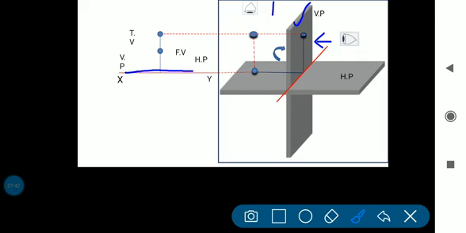This is the reference line, XY is the reference line, and after rotating the horizontal plane at an angle of 90 degrees, the vertical plane and horizontal plane become coincident with each other, you see it, and so the top view and front view become above the reference line. Sometimes they may coincide with each other, so we generally avoid the second angle projection.